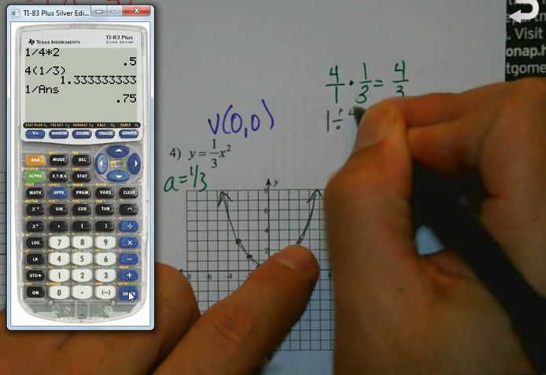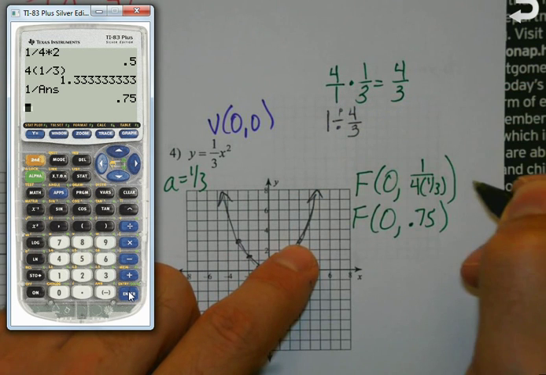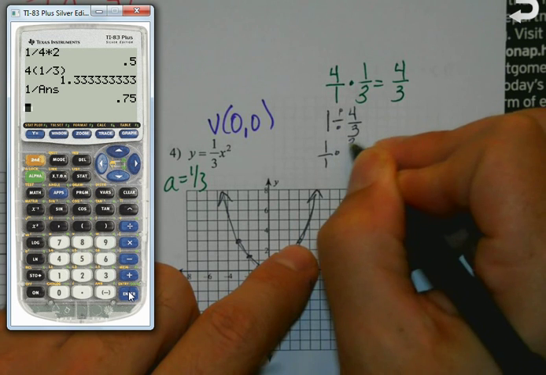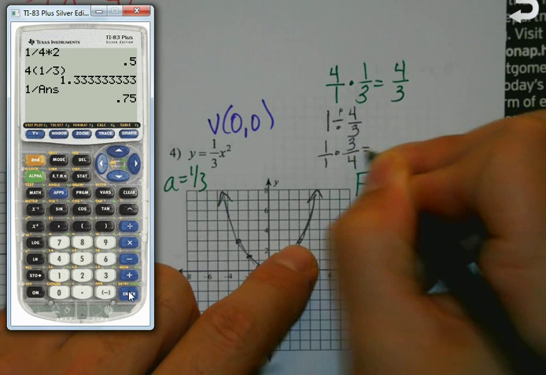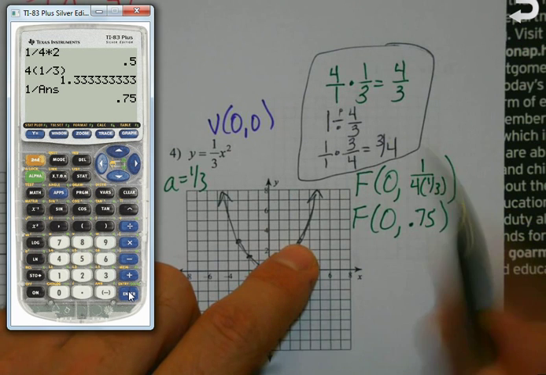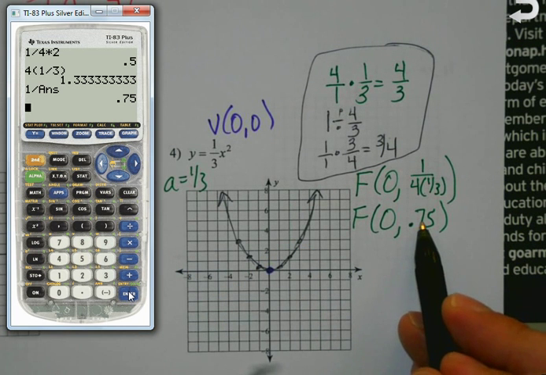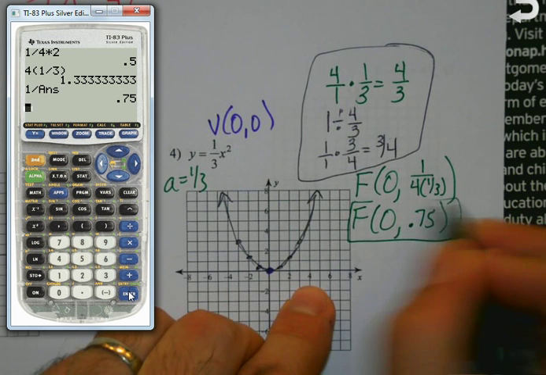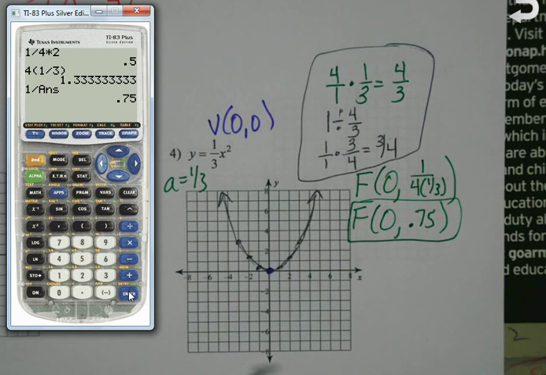Well, when I'm dividing by a fraction, that's the same thing as multiplying by its reciprocal, or flip. 3/4, 0.75, same thing. So it's not like you're ever going to be in a bind where I'm going to put you with something where you wouldn't be able to do it if you didn't happen to have a calculator available. But again, either of those get me to the right answer, get me my focus.